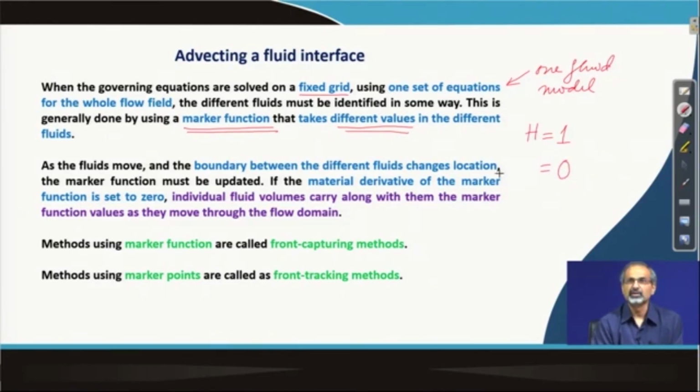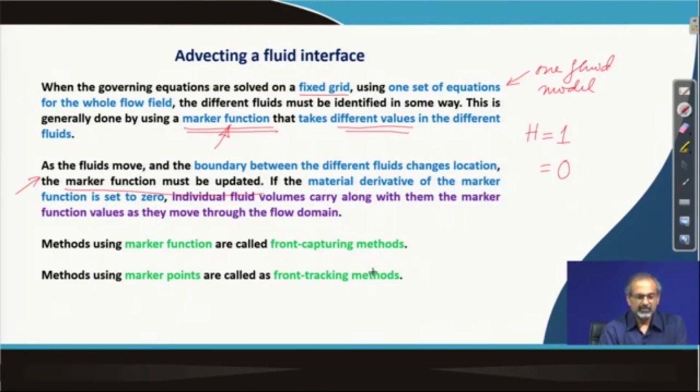So, that was a sharp interface definition. Even in the sense of diffuse interface, you can distinguish by assigning certain marker functions, and we will discuss what these marker functions are all about. As the fluids move, the boundary between the different fluids would change location, and therefore, the marker function has to be accordingly updated.